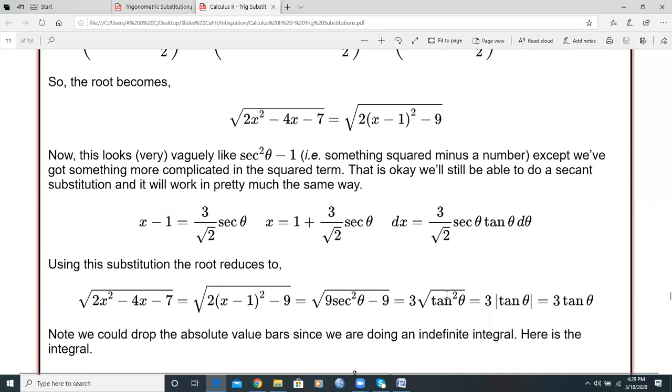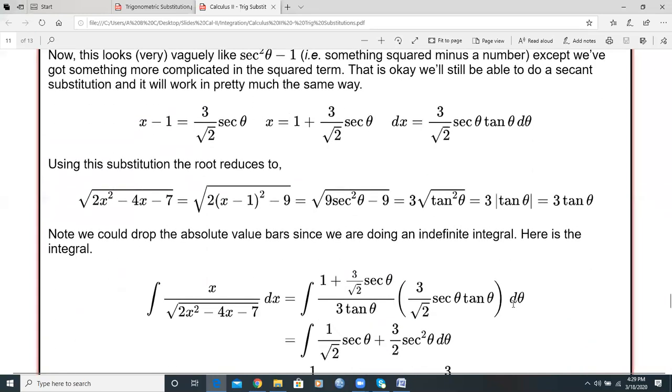So this is square root of tangent square theta, which becomes tangent theta. We substitute all this transformation. As we have seen, the value of x is 1 plus 3 over square root 2 sec theta.